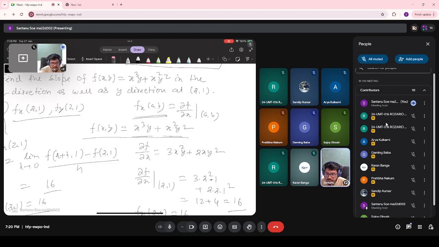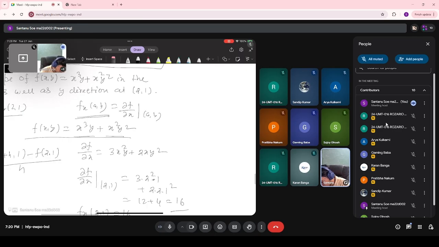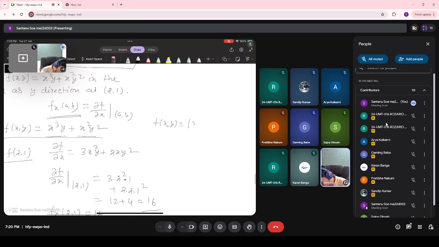But if it is simply continuous, we cannot say, right? For example, if the function is given as mod x plus mod y, then the function is continuous, but it does not necessarily imply that the partial derivative will exist at (0, 0). We all know that the partial derivative does not exist at (0, 0), right?